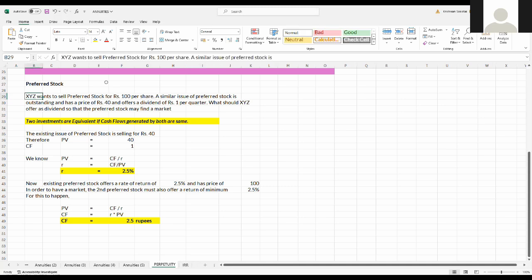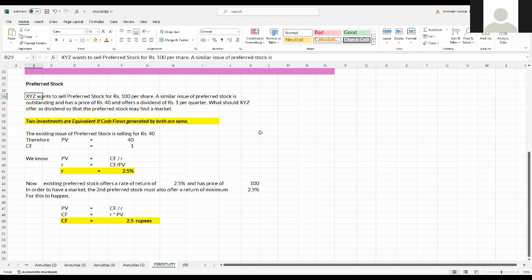A firm XYZ wants to sell its preferred stock for 100 rupees per share. However, there's a similar issue of preferred stock which is outstanding and has a price of 40 rupees.